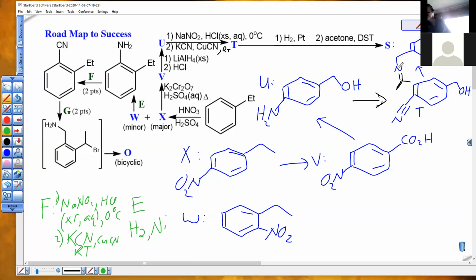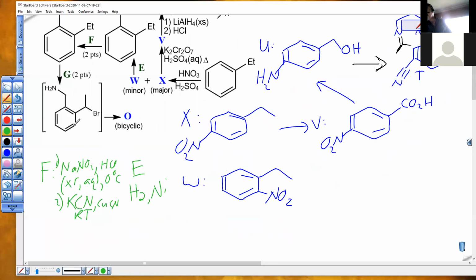Well, we reacted H2 and Pt to get the C triple N to be a CH2NH2. H2, Pt. I would take H2, nickel if you want. Let's separate these things out here so we know E was just what's in there. And then G.